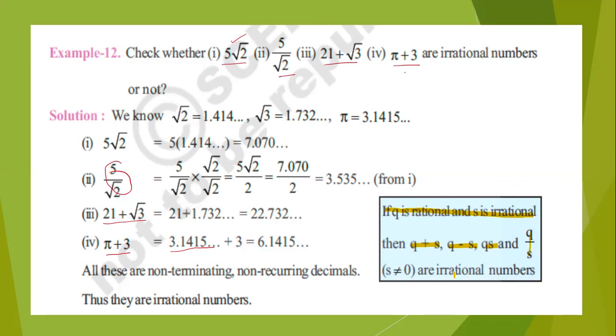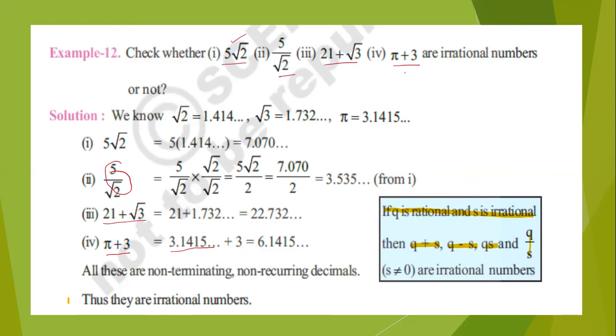That is, if a rational number is added to an irrational number, an irrational number is subtracted from a rational number, a rational number is multiplied by an irrational number, or a rational number is divided by an irrational number, in all the 4 cases we get an irrational number, where S is not equal to 0 in the denominator.